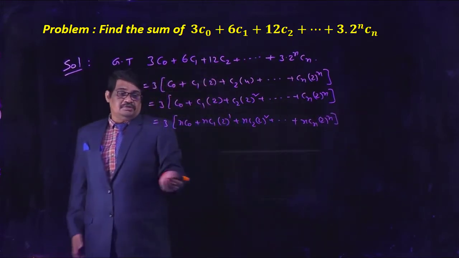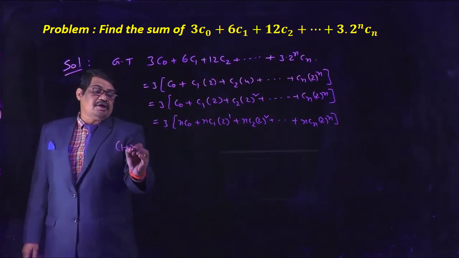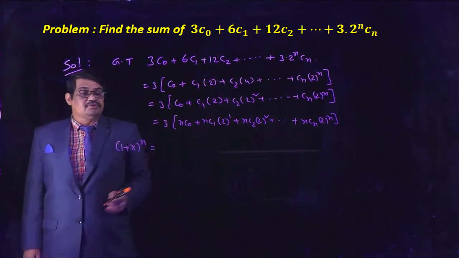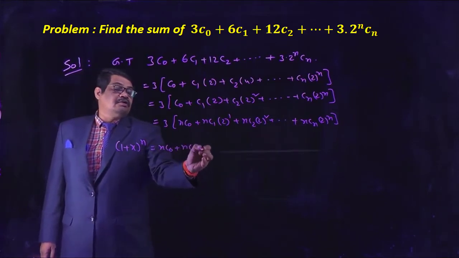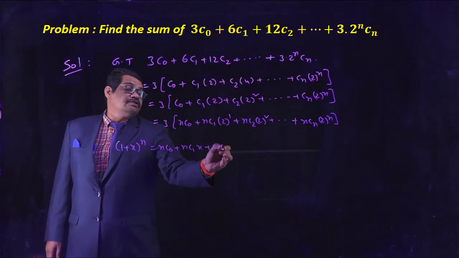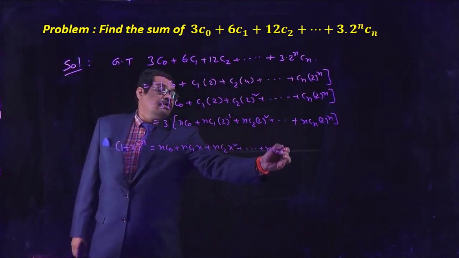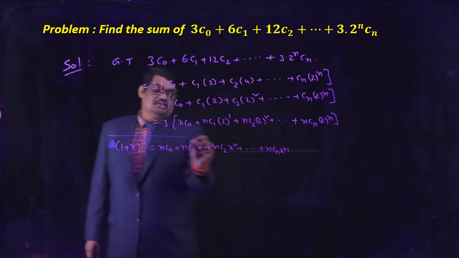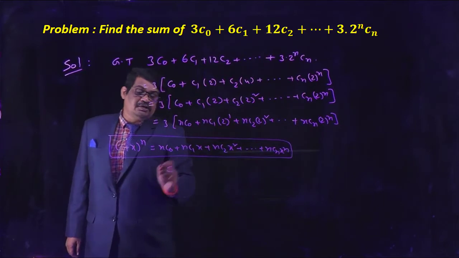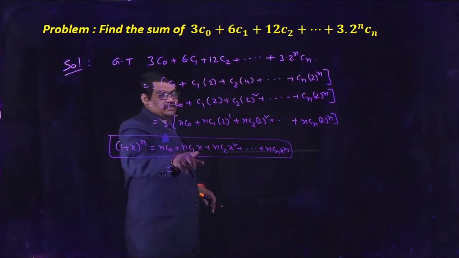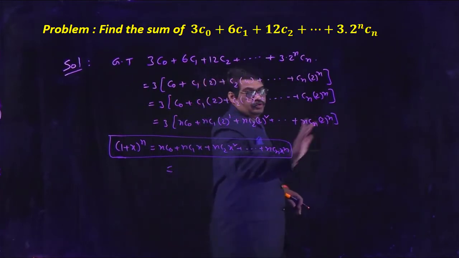This is in the standard binomial expansion form. What is the standard binomial expansion? 1 plus x whole power n is nc0 plus nc1 x plus nc2 x square and so on, ncn x to the power of n. In the place of x here comes 2, so 2 square and so on, 2 to the power of n.